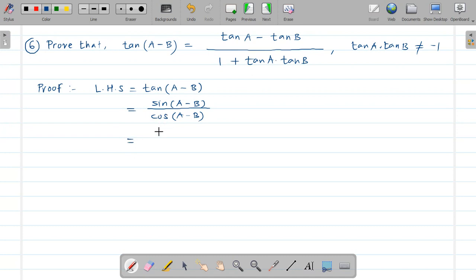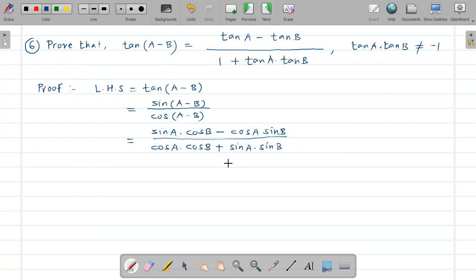Now sin of A minus B means sin A into cos B minus cos A into sin B. See this formula carefully, and cos of A minus B means cos A into cos B plus sin A into sin B.